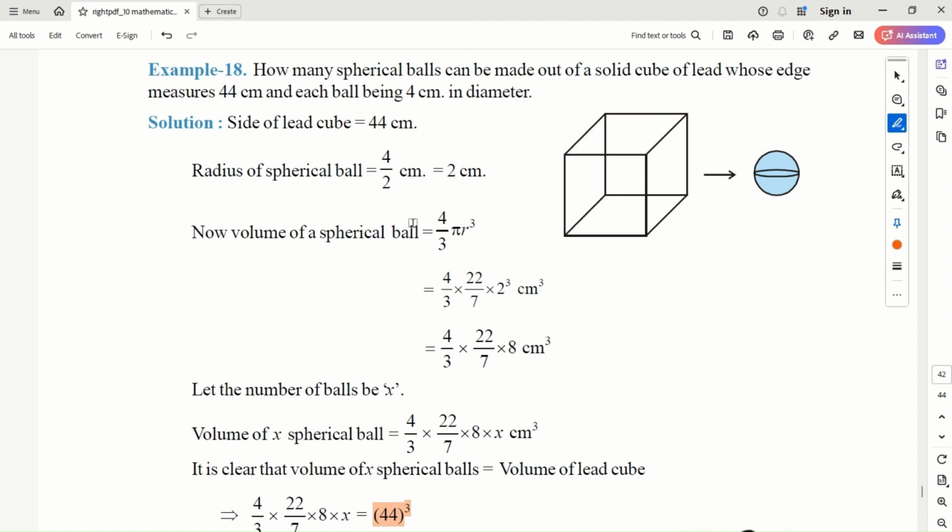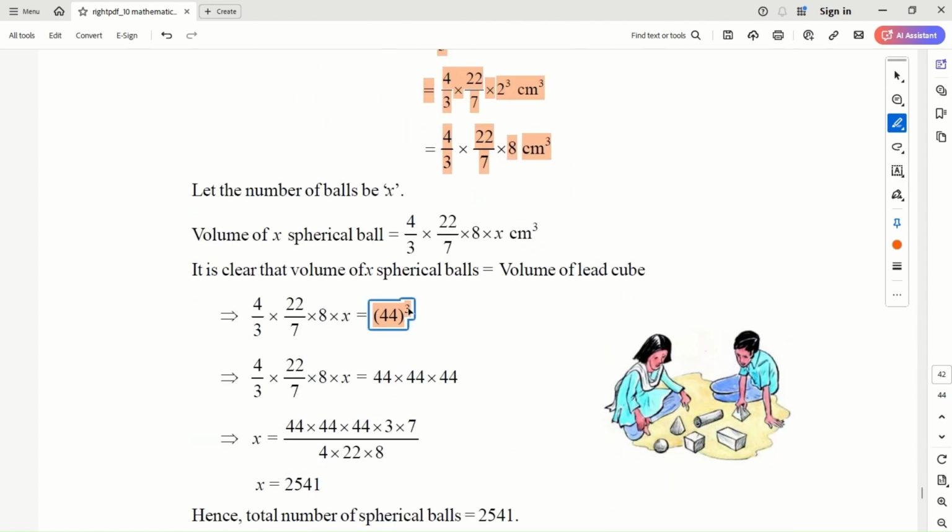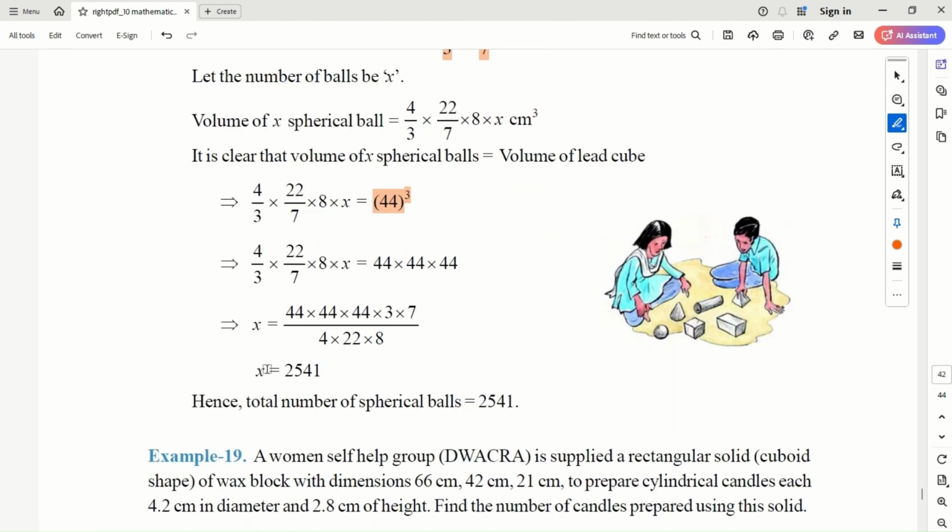The spherical ball volume is here, and the value is this value into x. So you equate both of them. The volume of x spherical balls is equal to 44 cube, that is the cube volume. So if we equate, x is equal to 2541 spherical balls can be made from the cube.